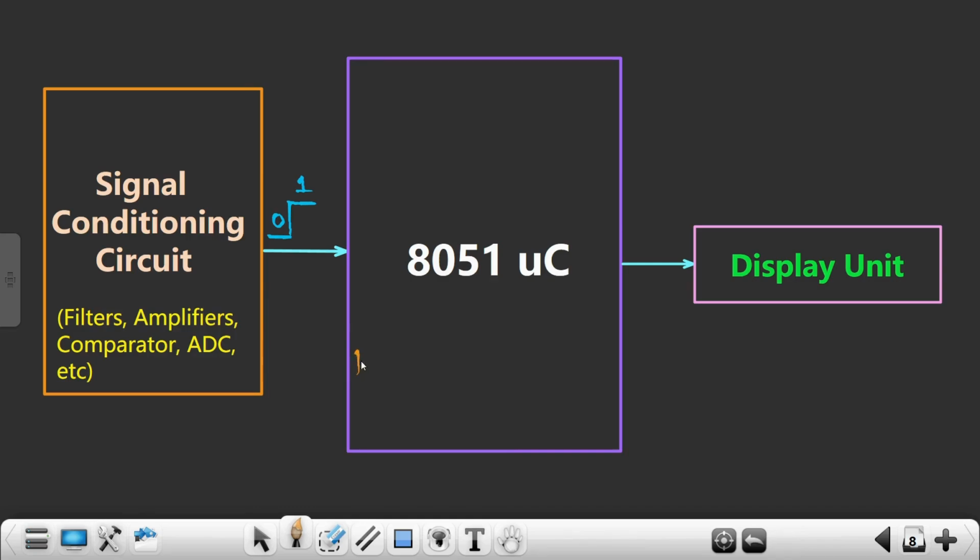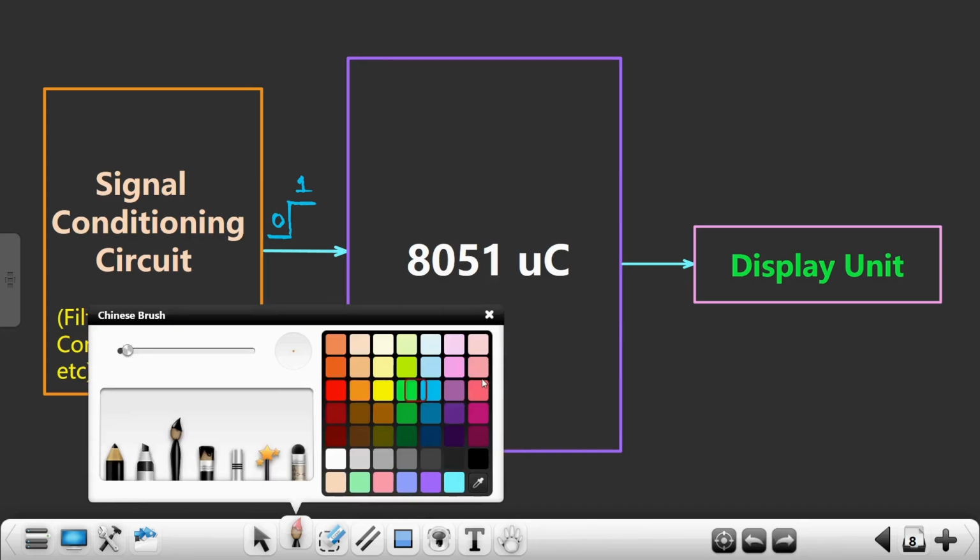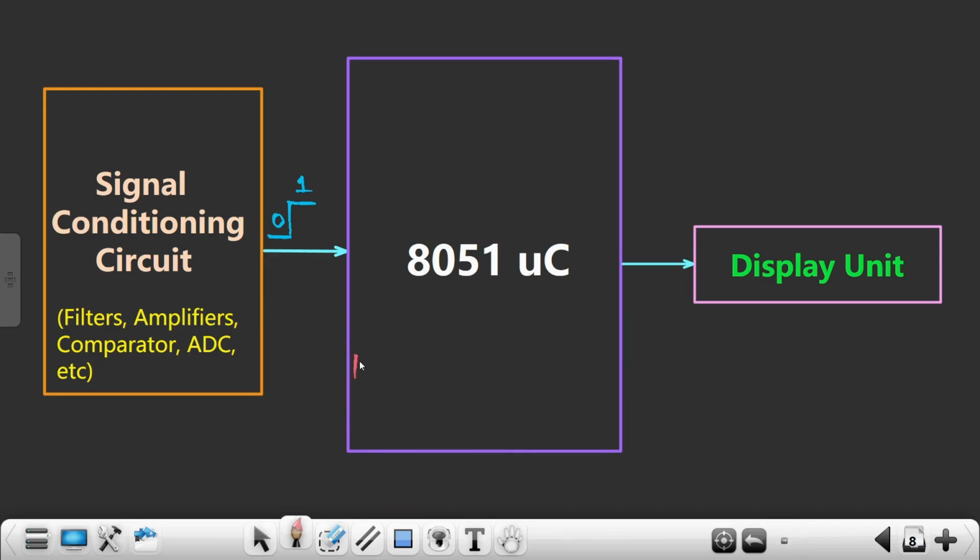The microcontroller will process this data and show it in numeric form, which a human being can see and read as his or her heart count. That data would be sent to one display unit.